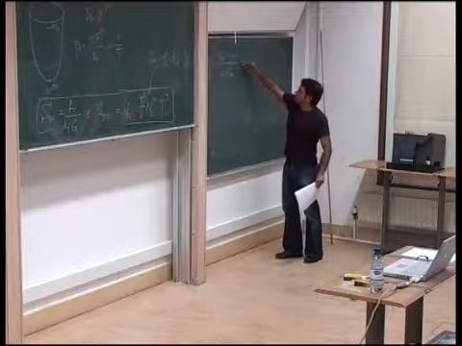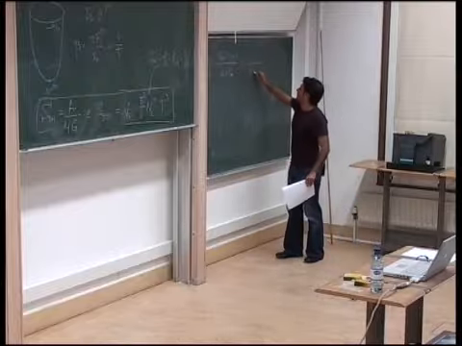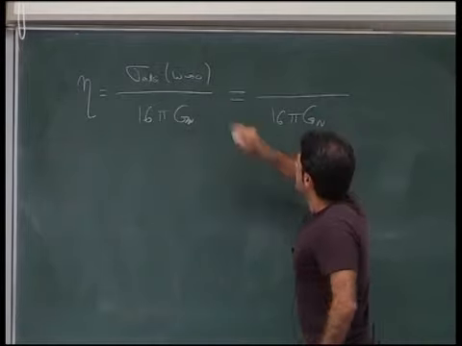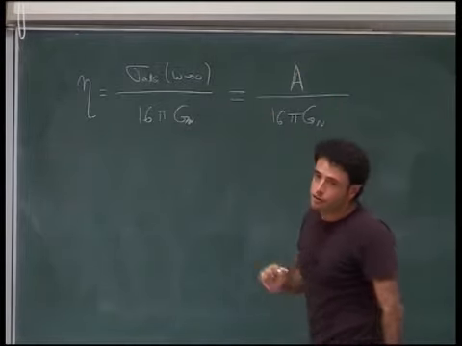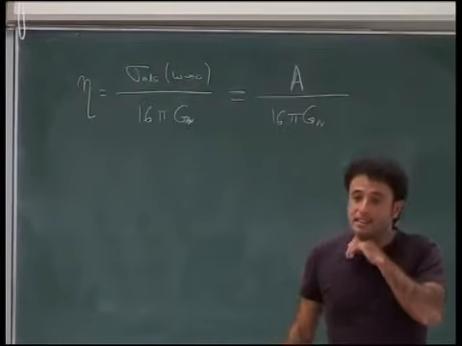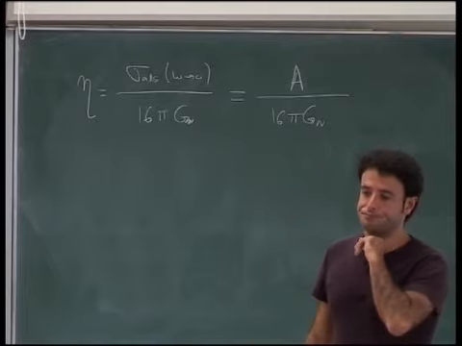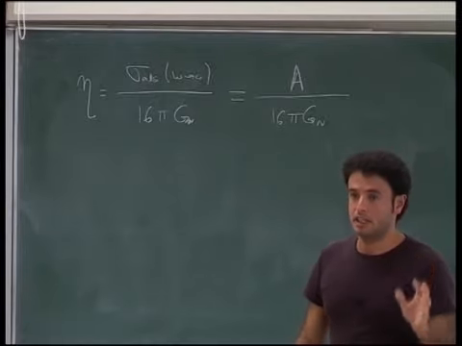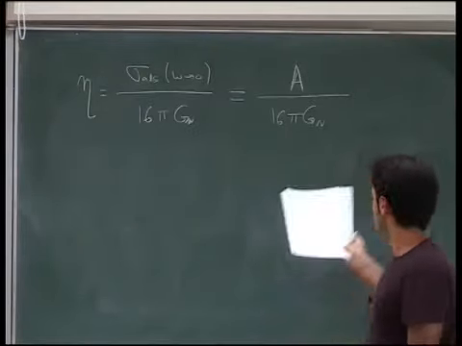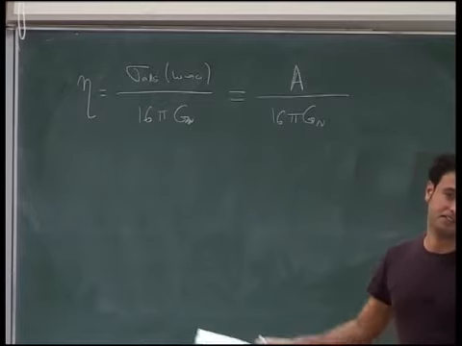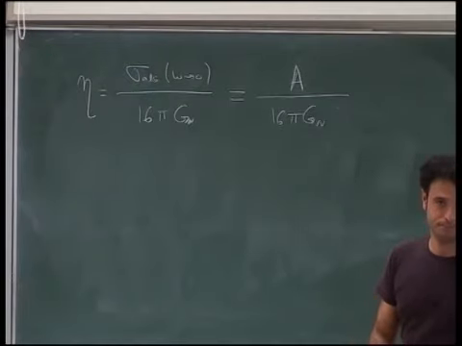And now this absorption cross-section is known to be equal to the area of the horizon, at least for static black holes. You can prove a theorem that shows that in the zero frequency limit, the absorption cross-section is equal to the area, as perhaps you would have suspected.